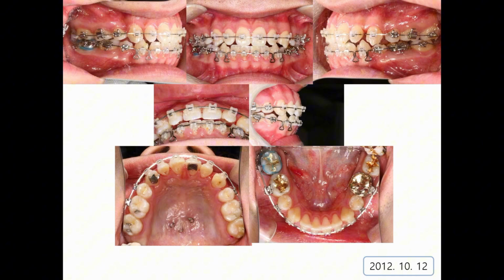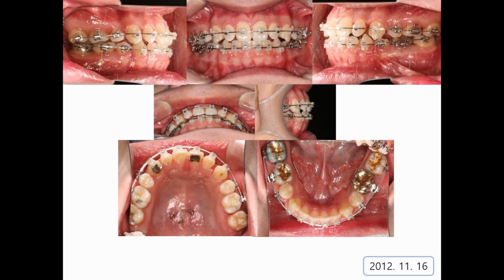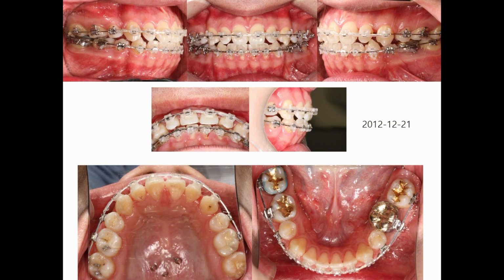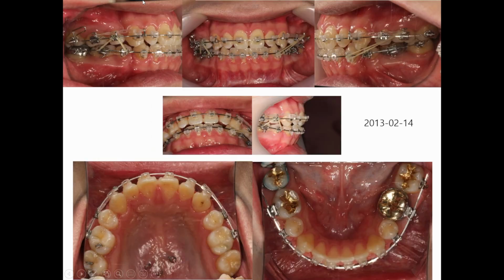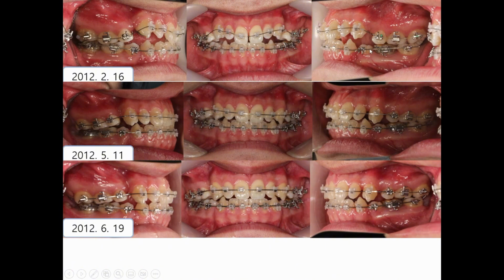So retraction and leveling continue, and retraction and leveling. I think he's not well organized, the midline correction well. So a little round trip is here. But anyway, he continue.